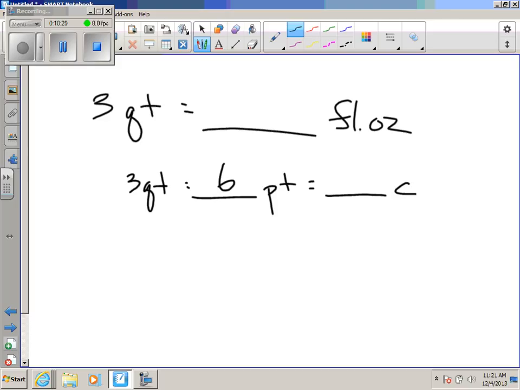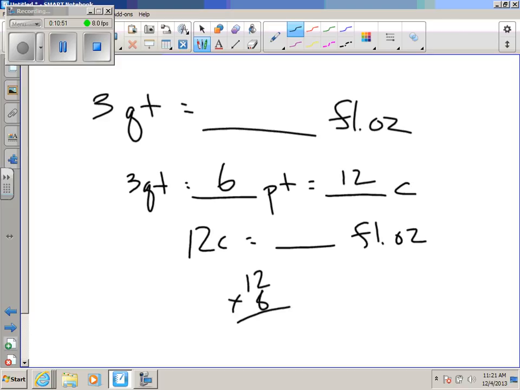Next one is cups. 2 cups in a pint. So it's 12. So now, 12 cups equal how many fluid ounces? How many fluid ounces in a cup? 8. So 12 times 8 is 96.